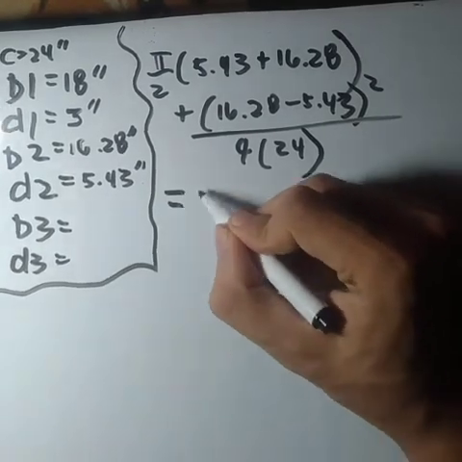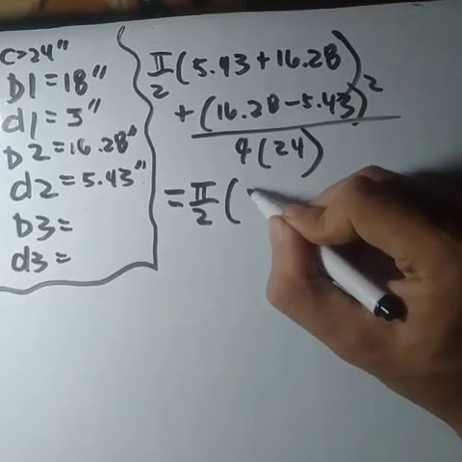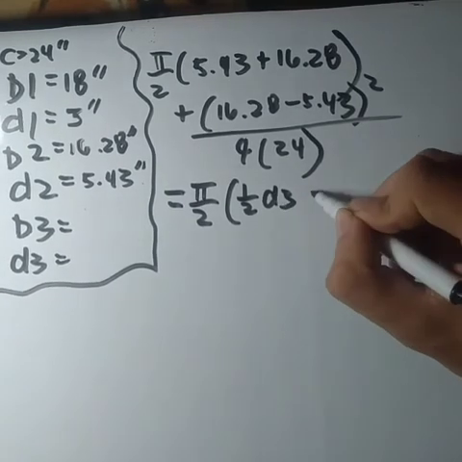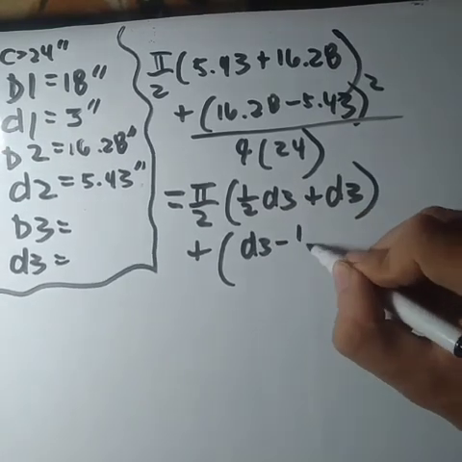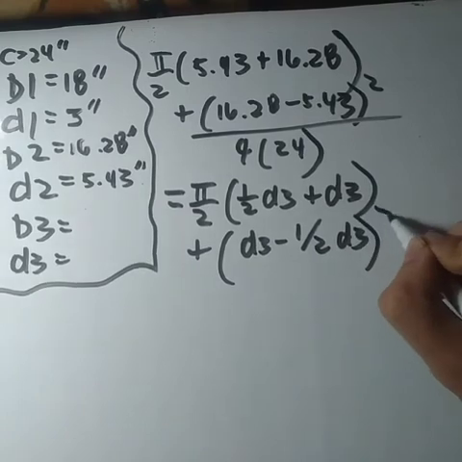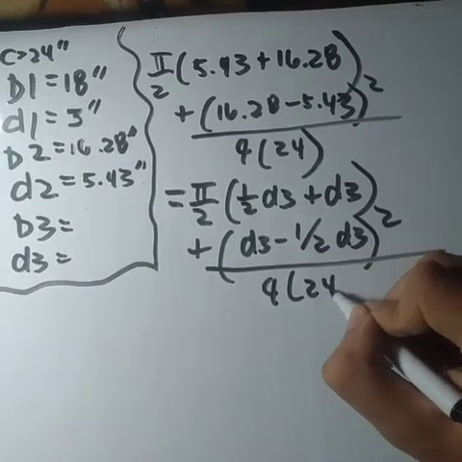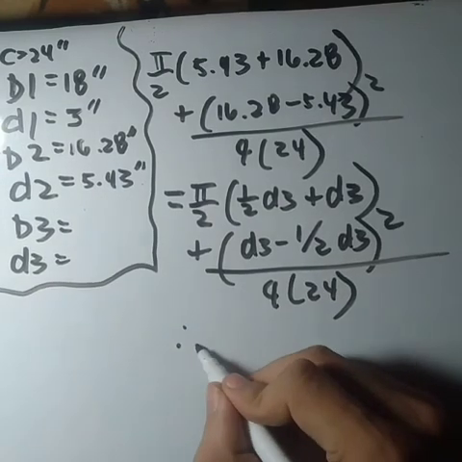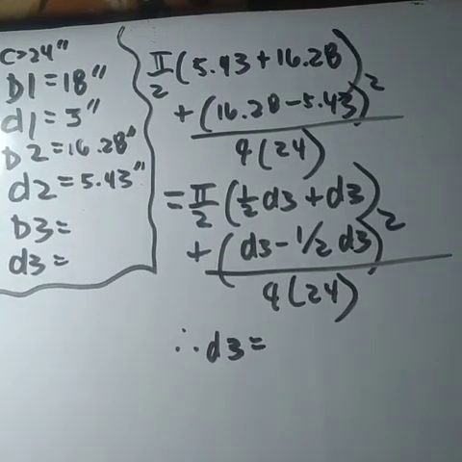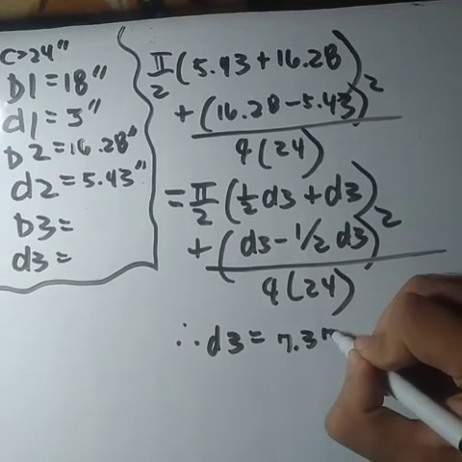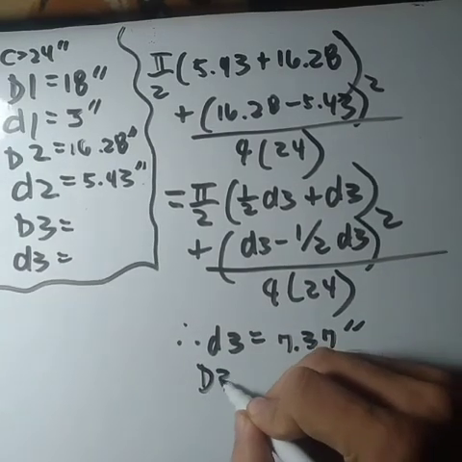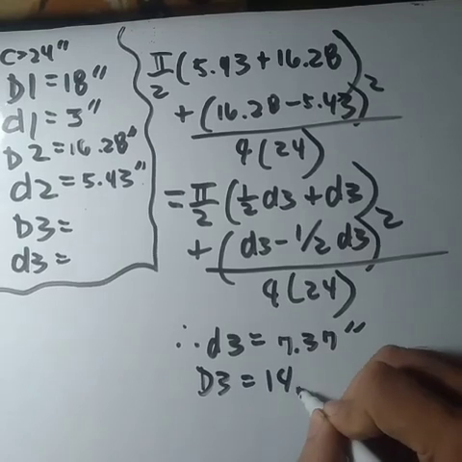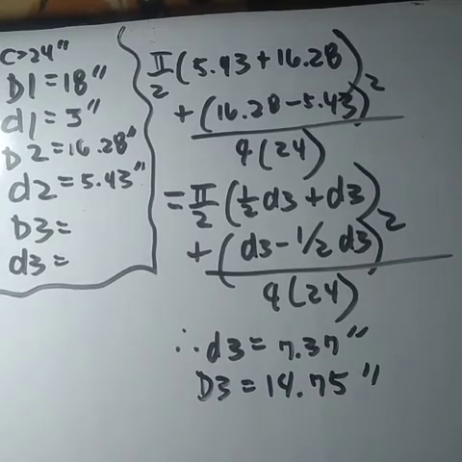That is equivalent to pi over 2 times the relationship, which is 1/2 D3 plus D3 plus their difference squared over 4C. So by shift solve, we can get D3 of the driven is equivalent to 7.37 inches. And from the recent equation a while ago, we can conclude that D3 of the driver shaft is equivalent to 14.75 inches.